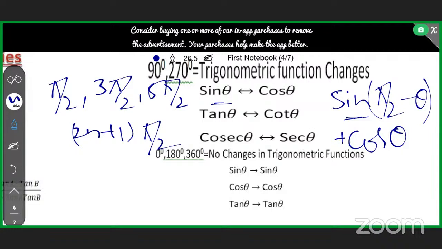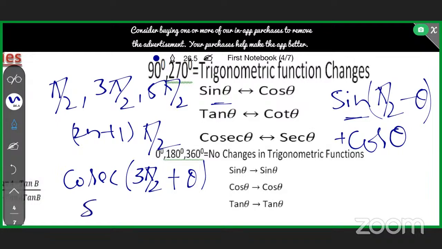We'll take another example. Let us take cosecant of 3 pi by 2 plus theta. Here pi by 2 is coming again, so we are supposed to change it into another function. Cosecant will become secant.